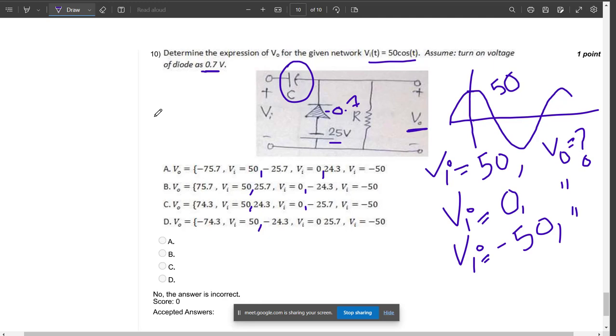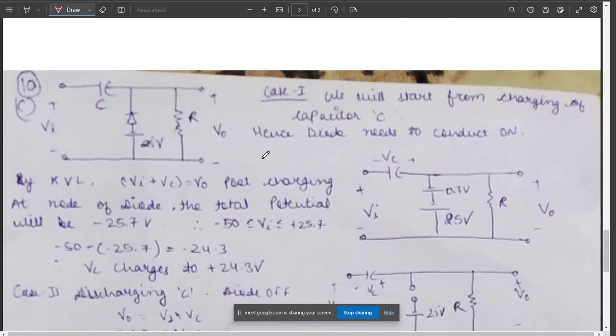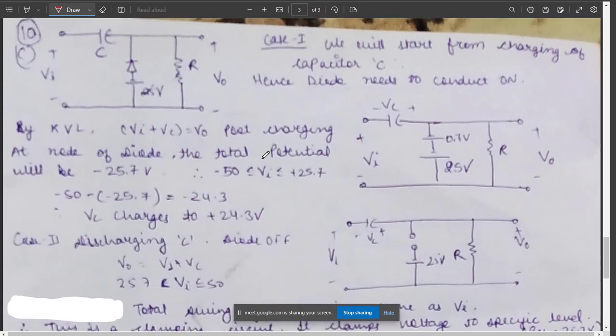All right, no problem. So let's see what is happening, case by case. Case one is we will start charging capacitor C. Hence the diode is on.